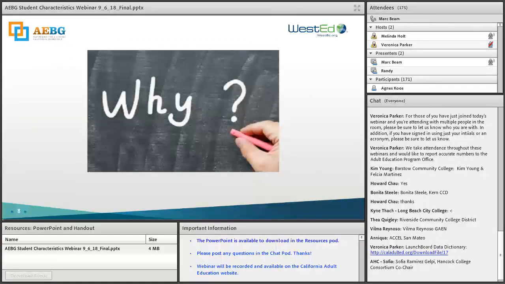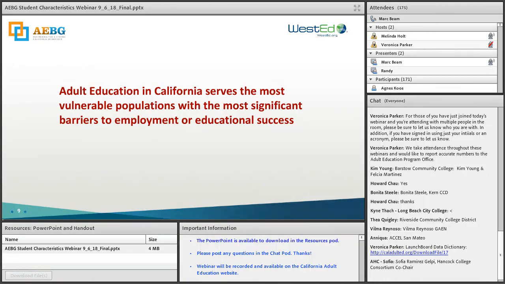So why are we doing this? I always throw this slide in here because I kind of just like it, but it's important to talk a little bit about the framing of why it's important that we capture this information, and why we are focusing so heavily on WIOA definitions for adult ed in California.